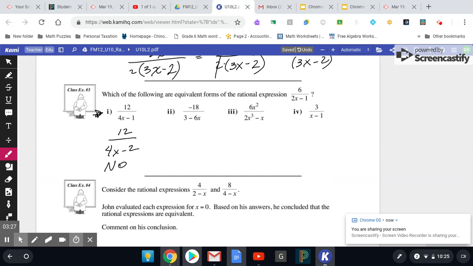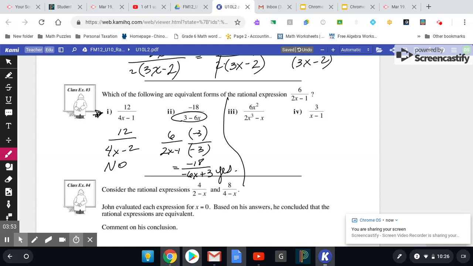You're like, well, what if you multiplied it by negative 3? But then you have to multiply the bottom by negative 3. Would that work? Let's try. So you would have negative 18 on the top, and on the bottom you would have negative 6x plus 3. You're like, yeah, it's backwards, but it actually is the same. So we write yes.